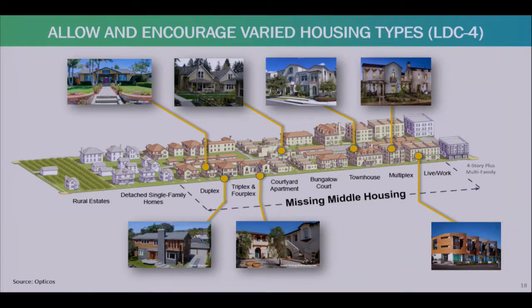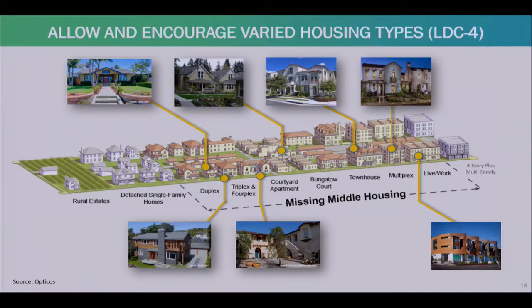The final area where staff is requesting direction is providing flexibility for varied housing types. Missing middle housing types, such as duplexes, triplexes, live-work units, and other multifamily housing types could be encouraged through greater flexibility and reduced regulatory barriers. Ordinance changes would require community and public outreach to determine standards which should be modified to allow for the varied housing types.